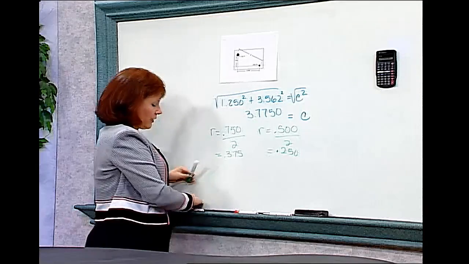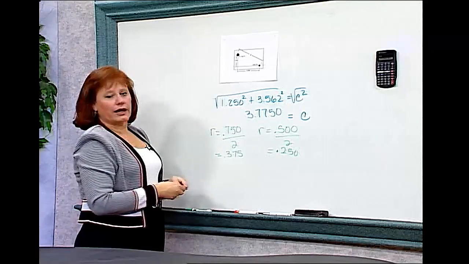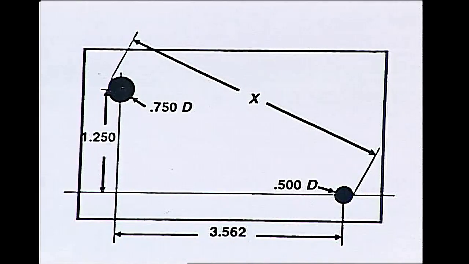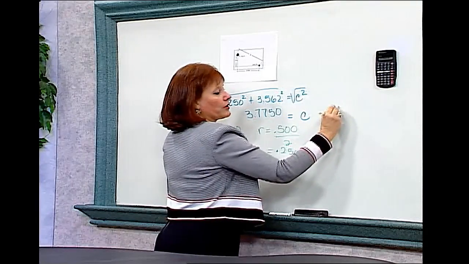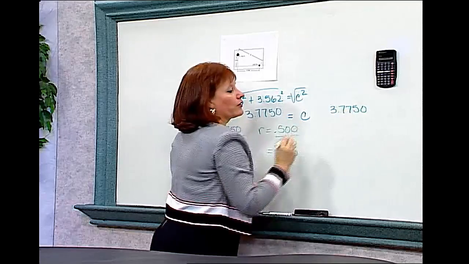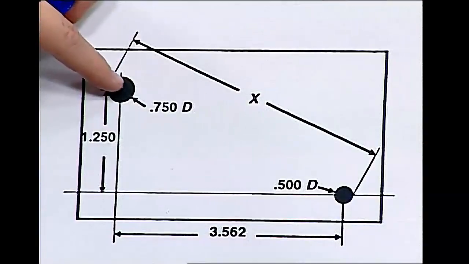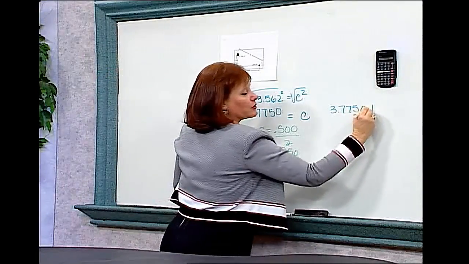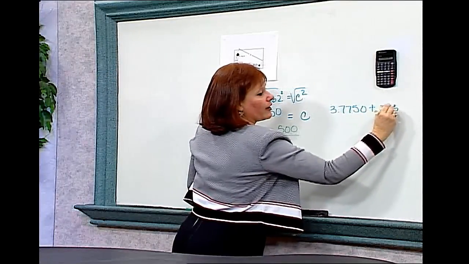Now, if I consider everything I have in this problem, I know that I have a distance from the center hole to the center hole of 3.7750. In the upper circle, I know I have a distance from the center to the outer edge of 0.375. So I need to add 0.375.